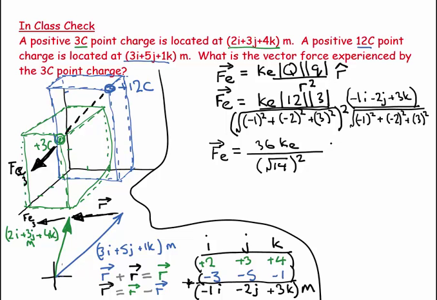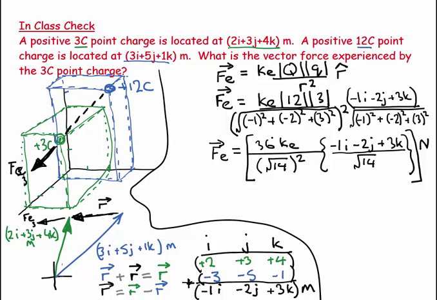And this is multiplied by -1i minus 2j plus 3k, and this is divided by, well, that's also going to be the square root of 14. And actually, if you put brackets around that and note down that the units are newtons, that is a decent answer. That is a decent answer in a test, because I can see that you know what you're doing.